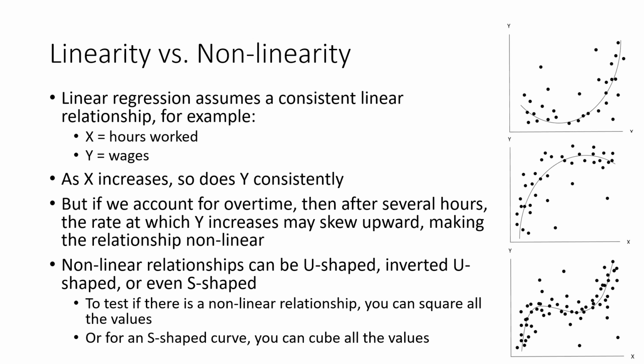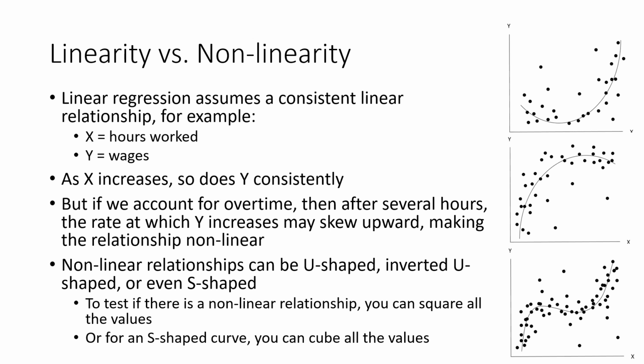So if you look at the example of x being hours worked and y equals wages, you would expect a positive relationship there, right? So the more you work, the higher your wages, the higher your income becomes. So you can see it's a sort of consistent positive relationship between those two variables.